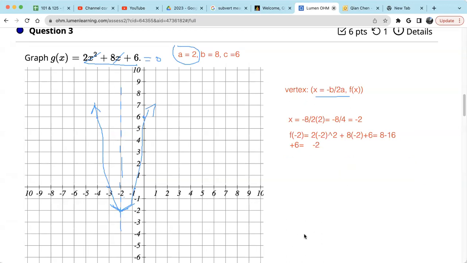So I get those 2 x-intercepts. So I use my pencil. So negative 1 here, and negative 3 here, so my graph is not too far from it. Okay, that's question 3.